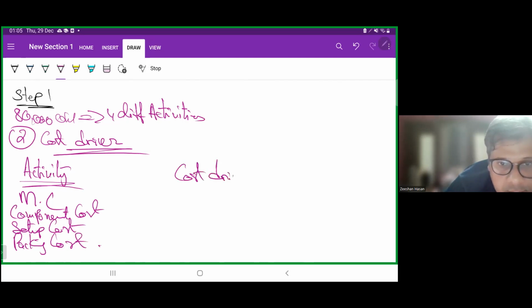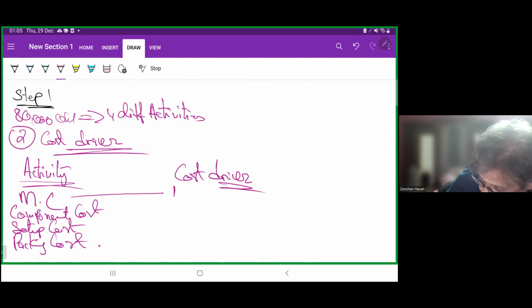Now, what are the cost drivers for them? Let us look at them. For machine cost, we will have number of machine hours. For component cost, we will have number of components.